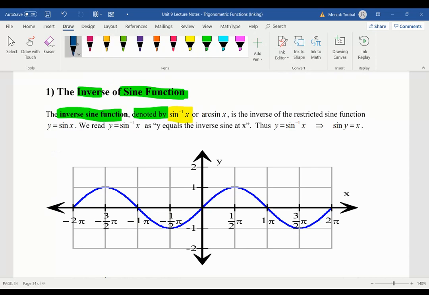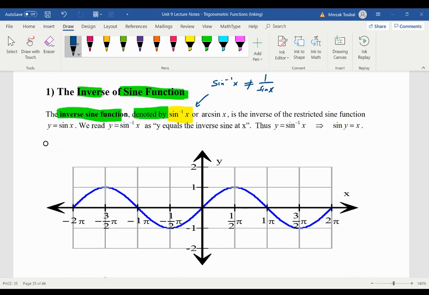I just want to make sure that you do not mistake this notation for this. Sine to the negative 1 of x is not 1 over sine of x, unless the statement says sine to the negative 1 is a reciprocal. If it says it's a reciprocal, then this will become an equality.